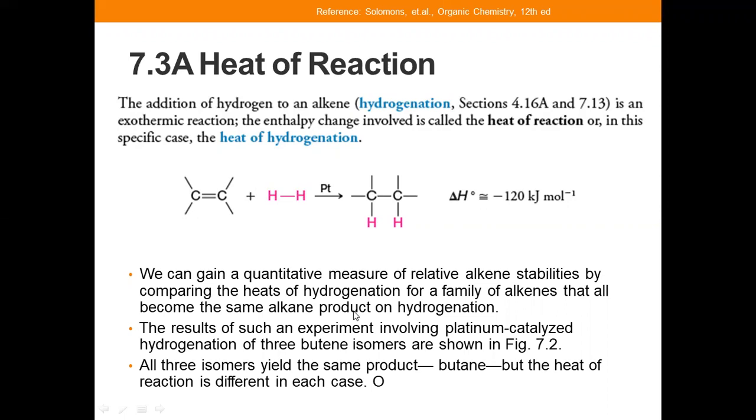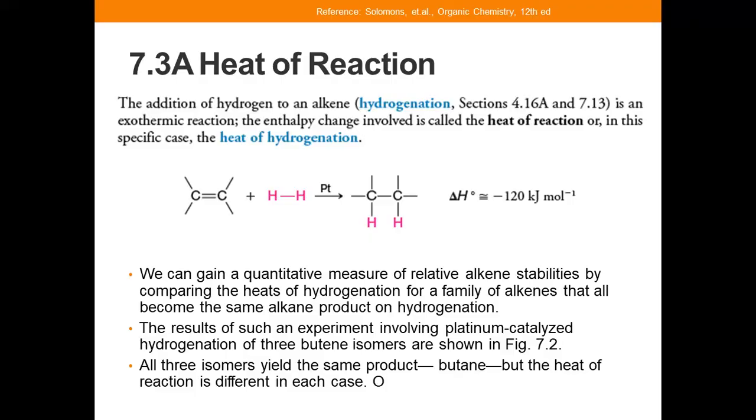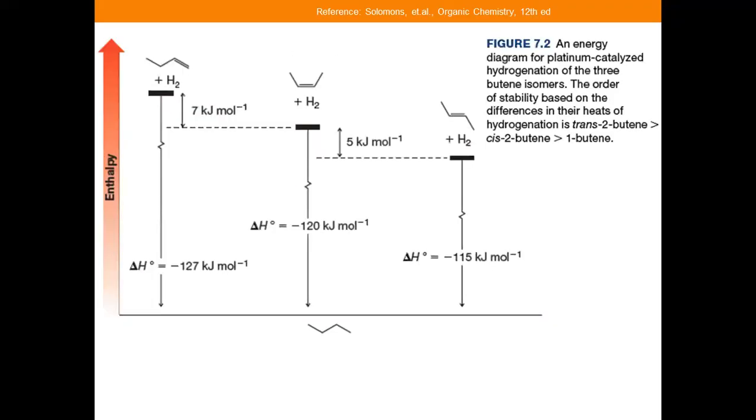Okay, let's consider three isomeric alkenes. You have 1-butene and 2-butene and another 2-butene. This is a cis. This is a trans. When we do the hydrogenation reaction, we react with hydrogen to form butane.